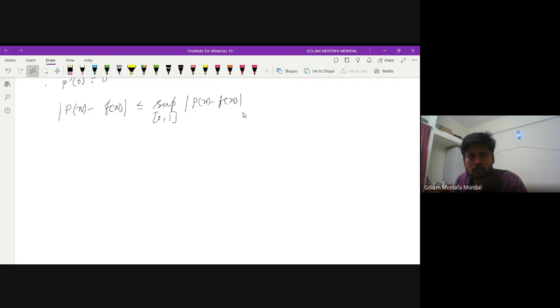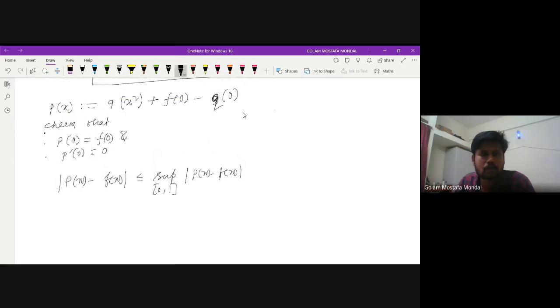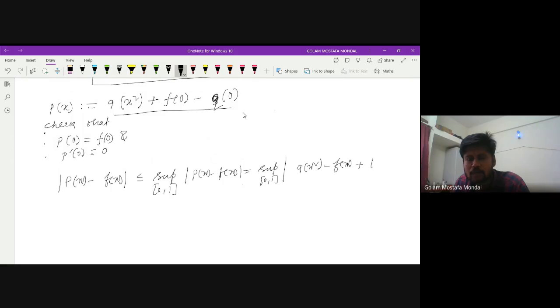See, px equal to this. So this is supremum of qx square minus fx plus f of 0 minus q of 0.